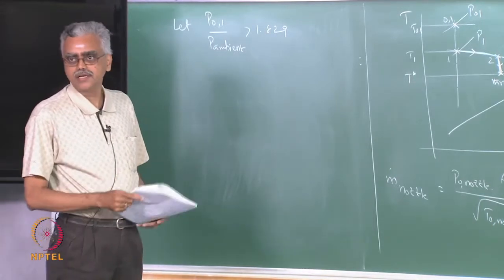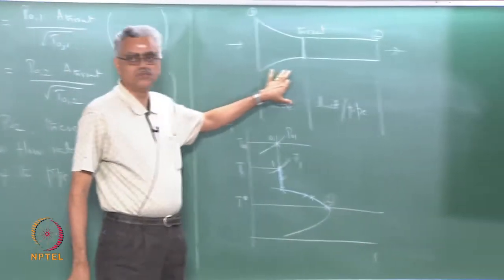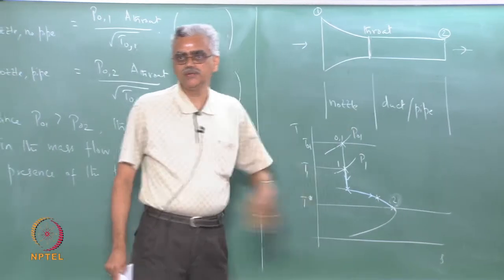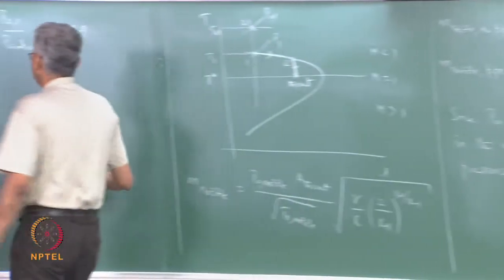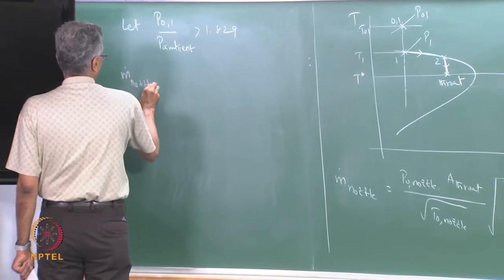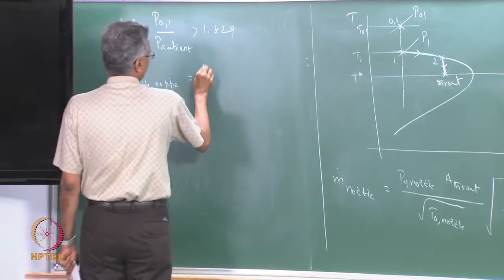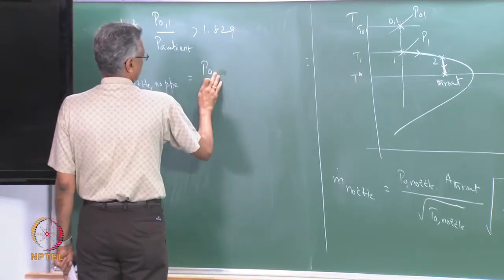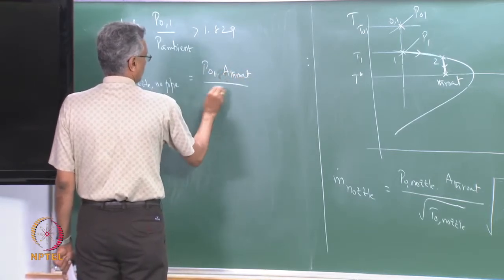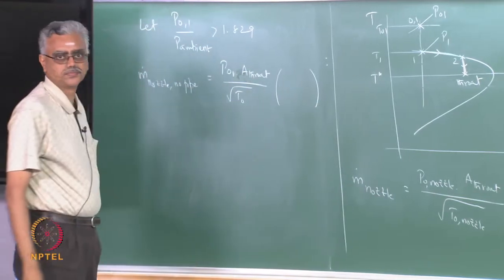That being the case, if the pipe had not been there, then the flow through the converging nozzle would have been choked, right, and the mass flow rate would have been equal to, so m dot nozzle, no pipe, would be P01 times A throat divided by square root of T01 times the quantity under the square root.